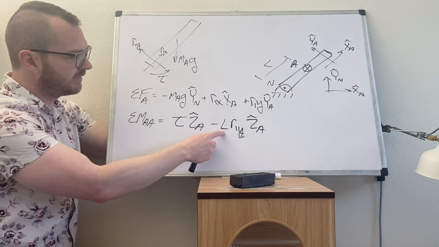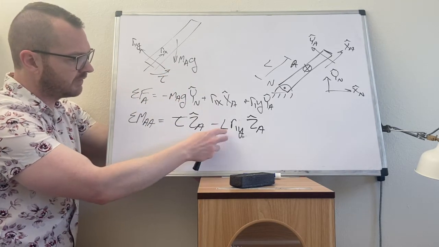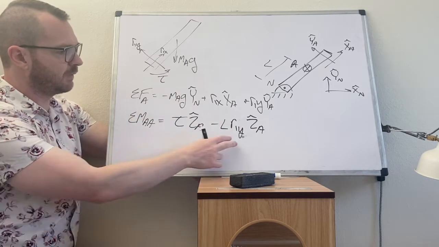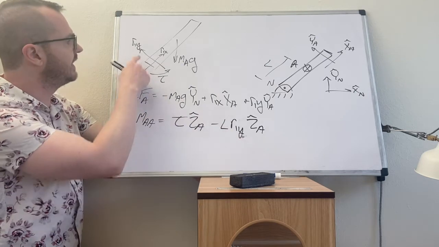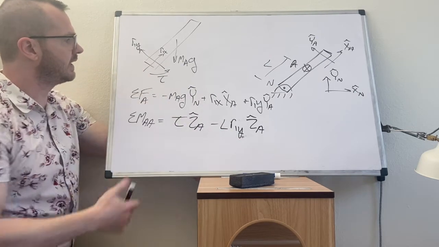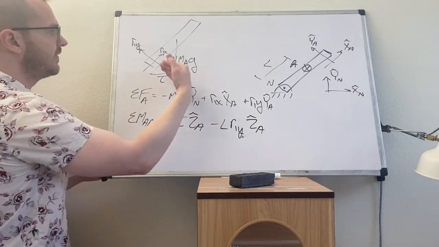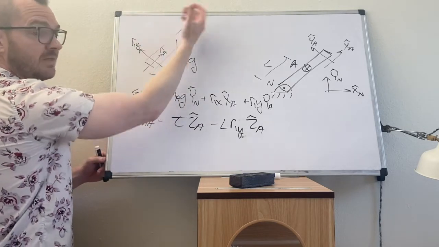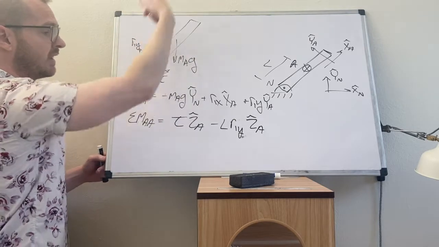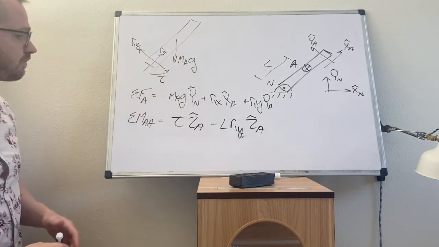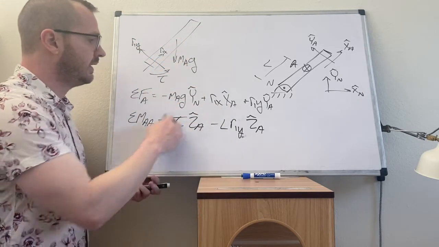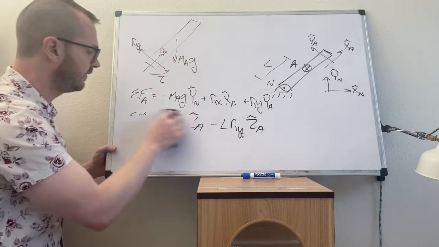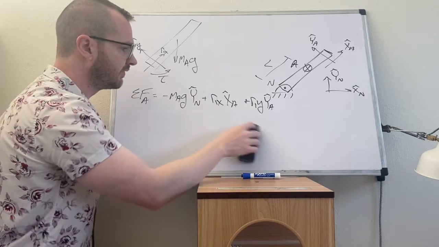If we assume that the value of R1Y is positive, of course L is positive, it's just a scalar distance, and R1Y is acting in that direction, then in this free body diagram we can see that this force R1Y would create a negative moment. It would make this rod want to spin in a negative direction, hence the negative sign. All right, write these both down, keep those, and let's do that other sum of moments equation.